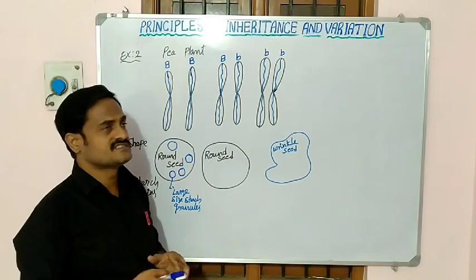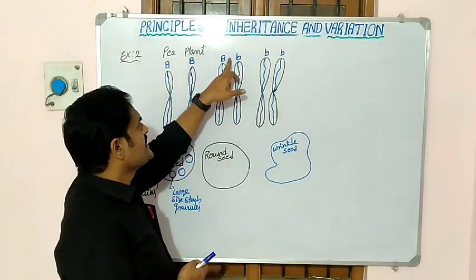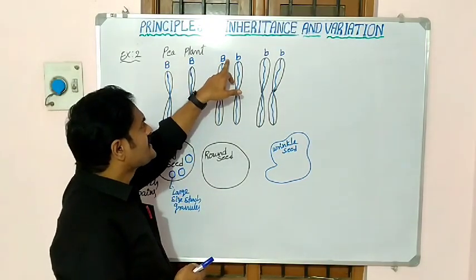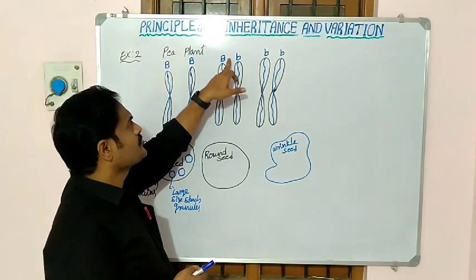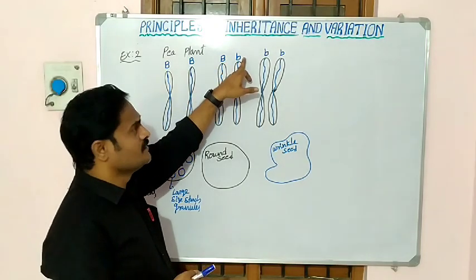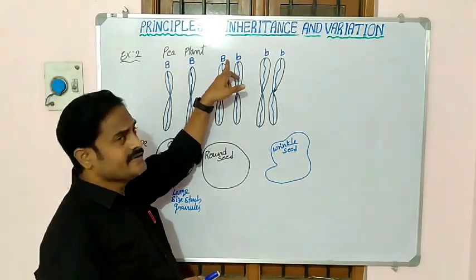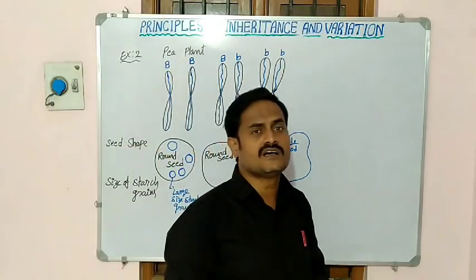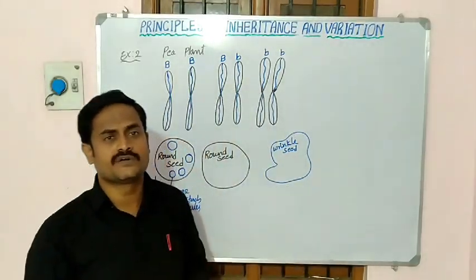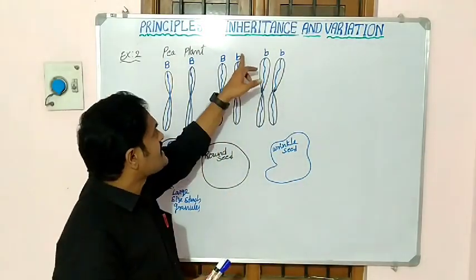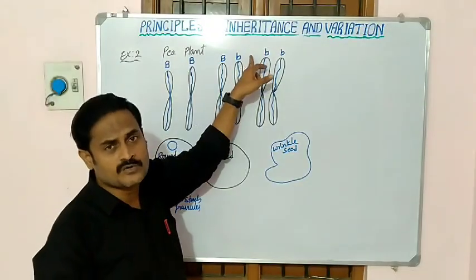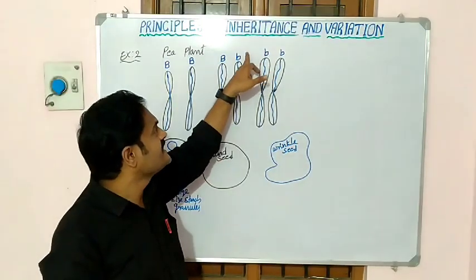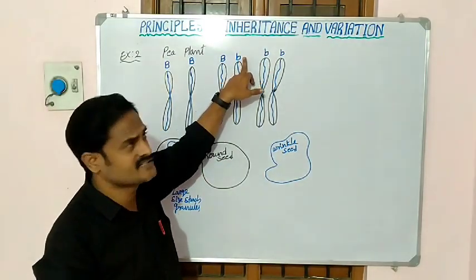What is that? See here, B allele, capital B and small b. Capital B produces some amount of protein. Here the recessive produces no protein. It has a defective allele. See, this is the defective allele.